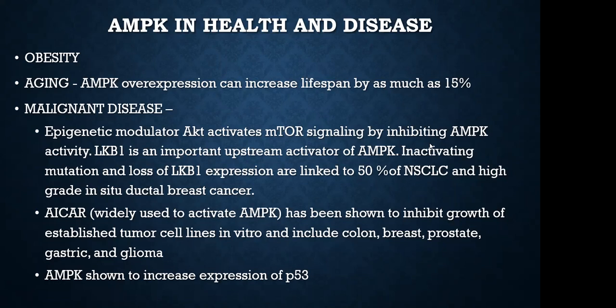And we're going to talk a little bit about some natural agents that can be used to increase AMPK. Malignant disease, we talked a little bit about that earlier in regards to cancer and the cell cycle arrest that can be done using AMPK. But here you have the epigenetic modulator AKT, that activates mTOR signaling, which is an important signaling in regards to cancer, by inhibiting AMPK activity. LKB1 is one of these upstream regulators of AMPK.